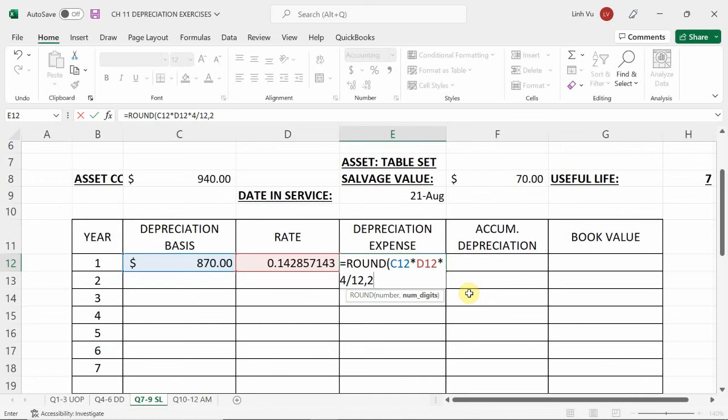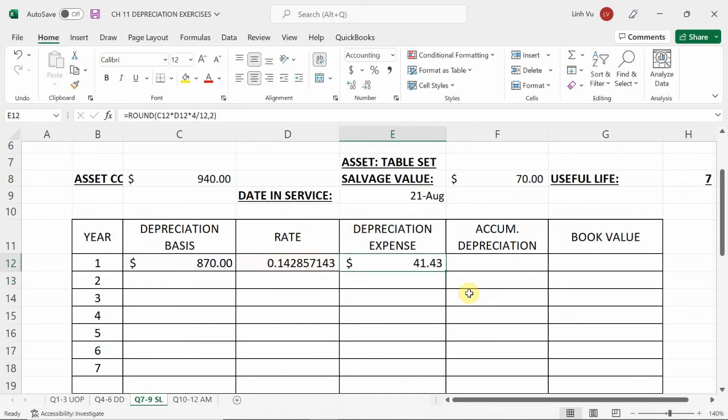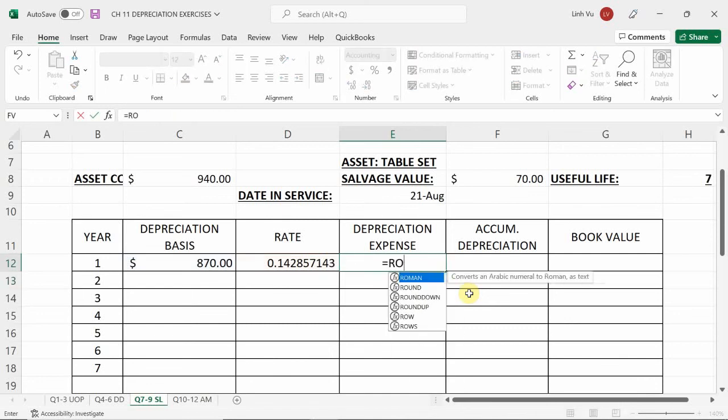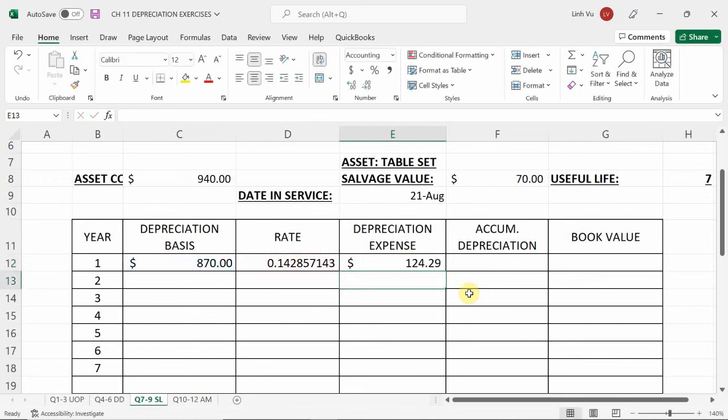Okay, you said $124. Oh, 124.29. Okay. So if I go ahead and do that, 124.29, 4143.